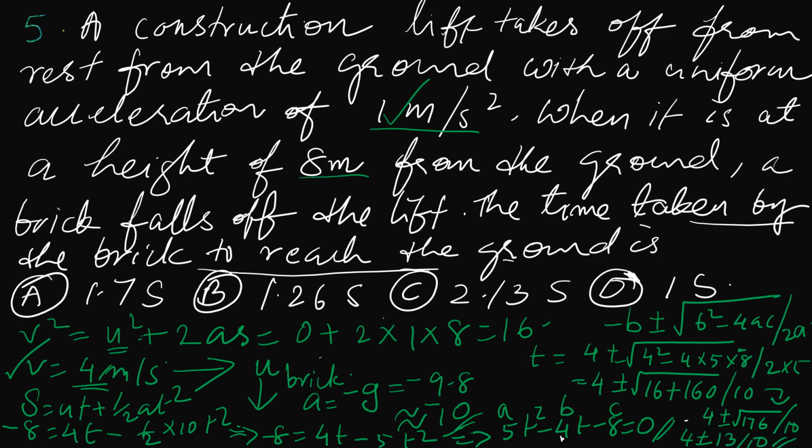Time cannot be negative, so we take the value 4 plus 13 divided by 10, or 17 divided by 10, that is 1.7. So the correct option is option A, 1.7 seconds.